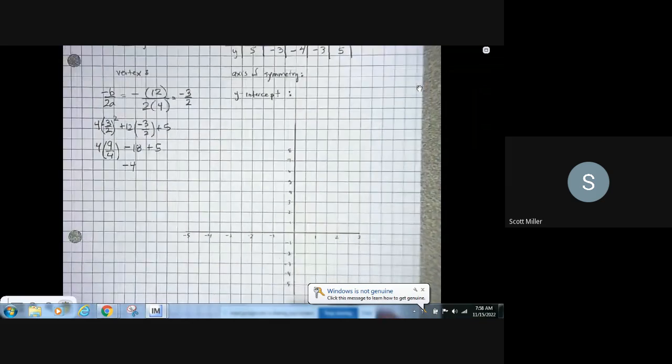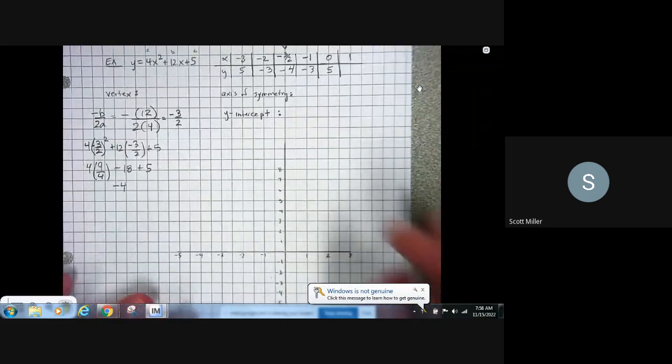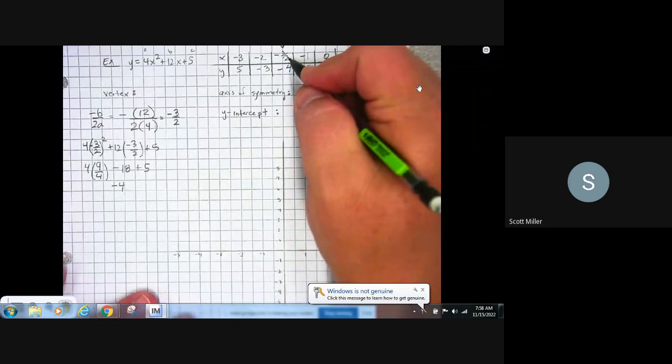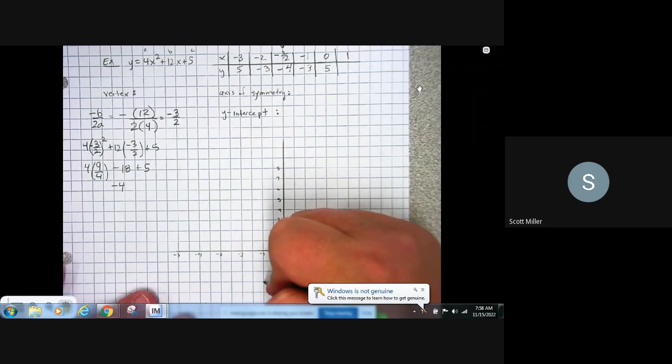So that's how that works. You come down here and you graph those points. The vertex is negative 1.5 and negative 4. So negative 1.5 and negative 4, that's my vertex right there. Negative 1 goes to negative 3.